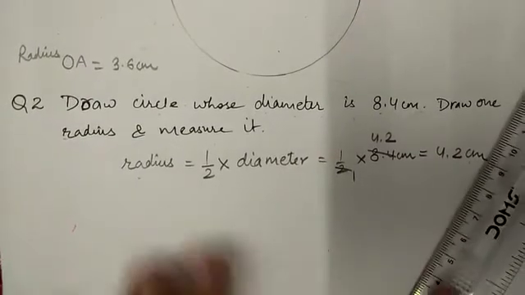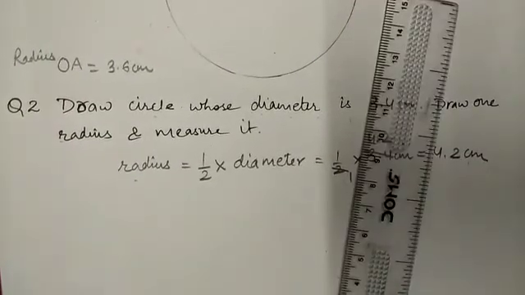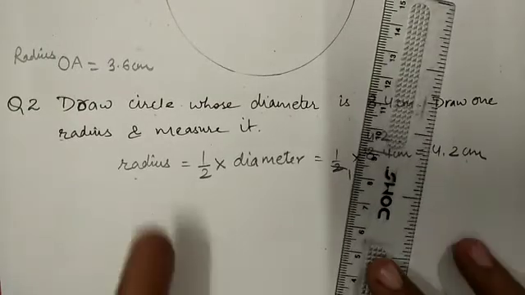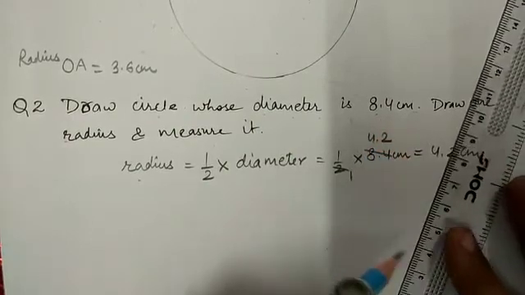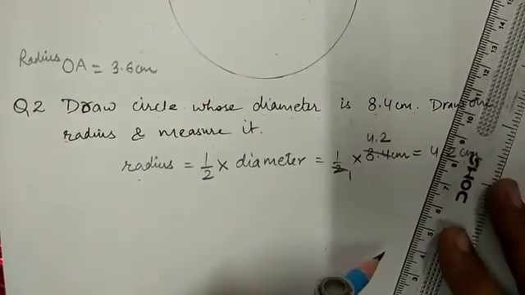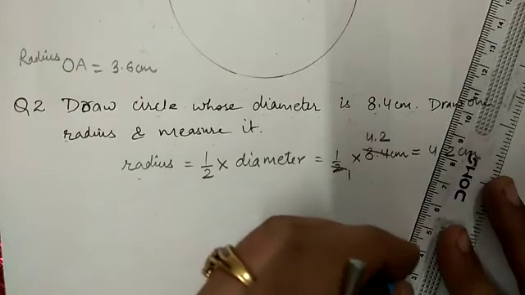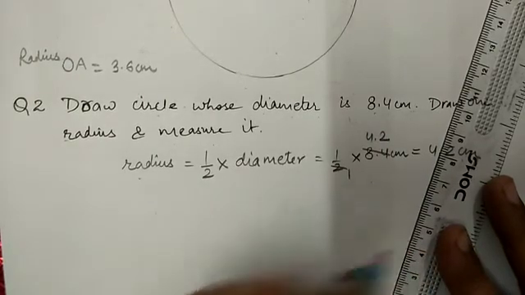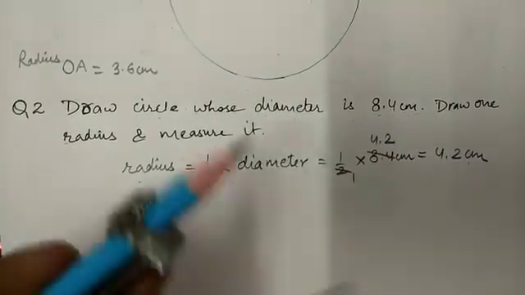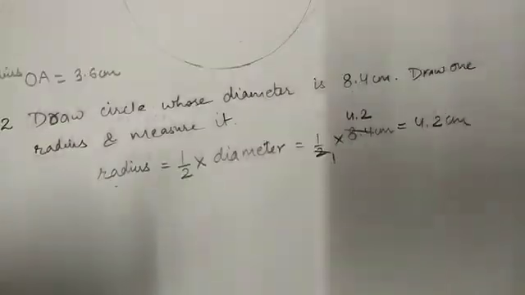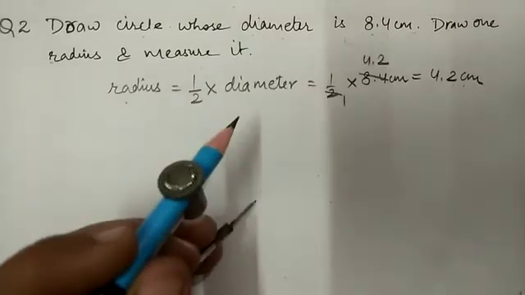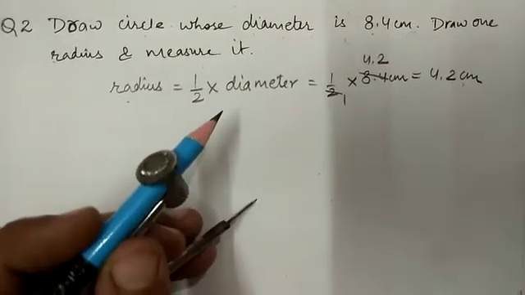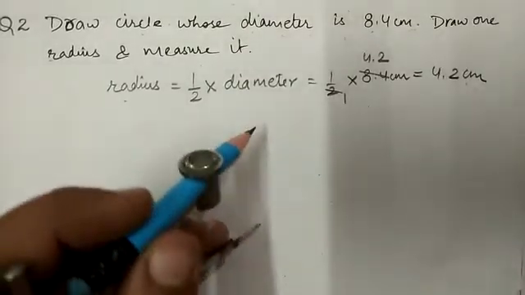So we will open our compass equal to the radius of circle, that is 4.2 centimeter. Make it sure students, we are using our radius to draw the circle, not the diameter. I have opened my compass whose radius is equal to 4.2 centimeter. I want to draw a circle of radius 4.2 centimeter.